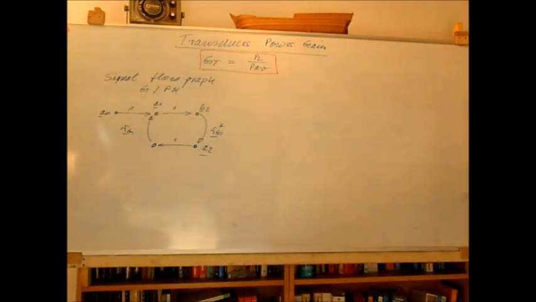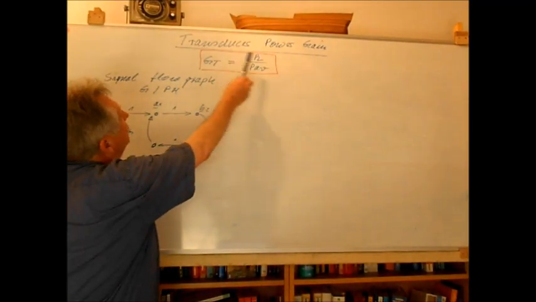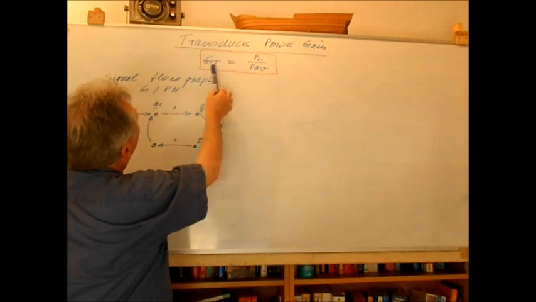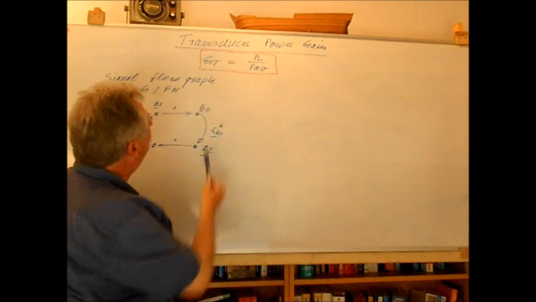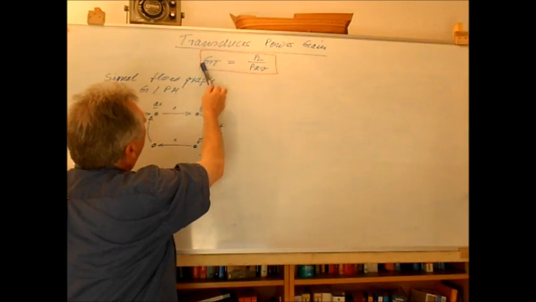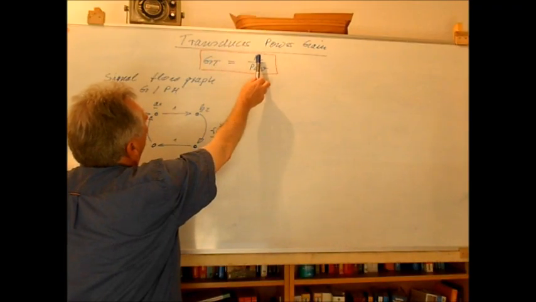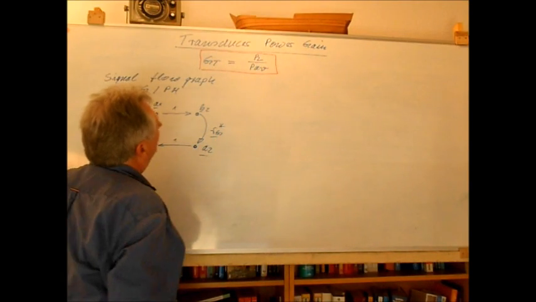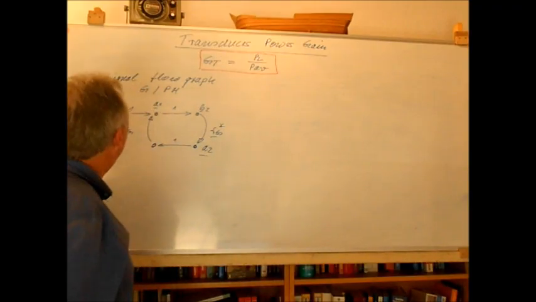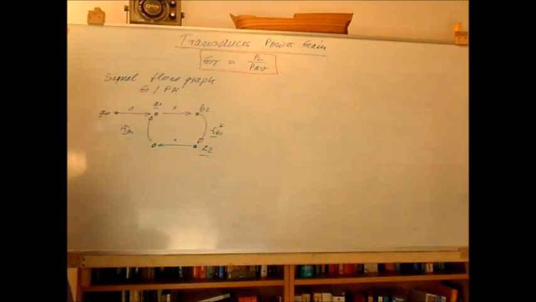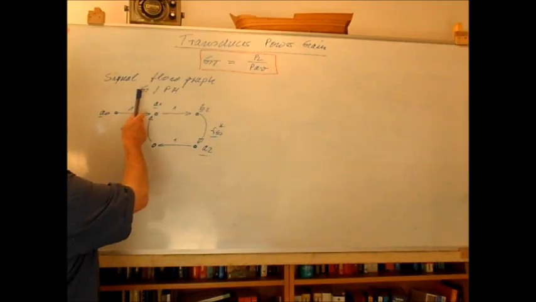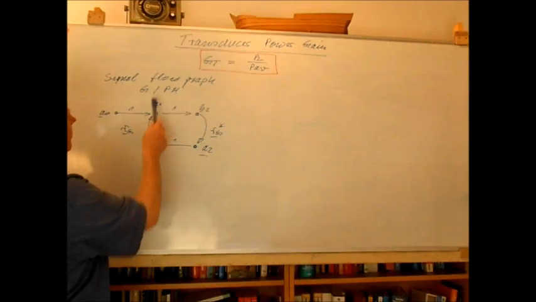So here I have again written the transducer power gain, and here I made a little mistake. This must be written GT, not GTU. So the transducer power gain, GT, is the power into the load divided by the available power. Now I want to deduce an expression for the available power if I have the combination of the generator and the power meter.